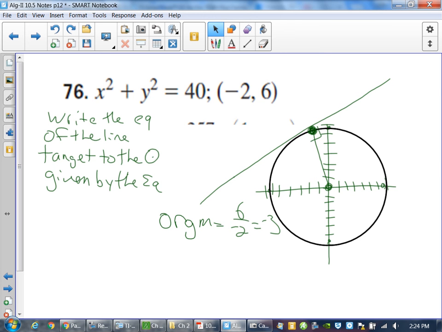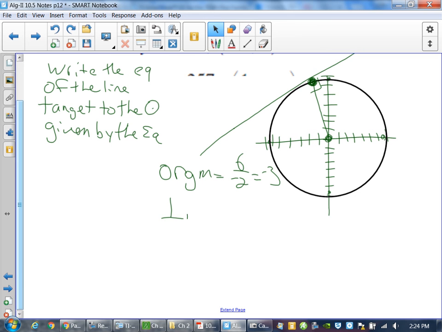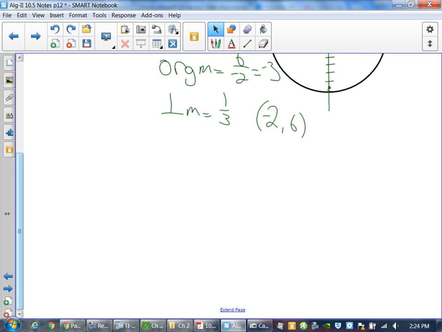Up is positive, left is negative. Now, what's perpendicular to negative 3? What's the opposite reciprocal? 1/3, very good. So my perpendicular slope is 1/3, and I need to go through the point negative 2, 6. So now I write it out as y minus 6 equals 1/3 times x plus 2.